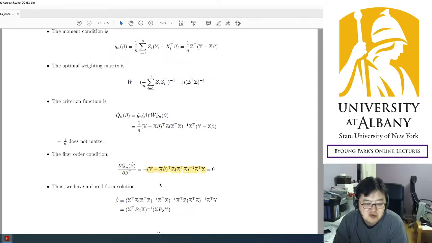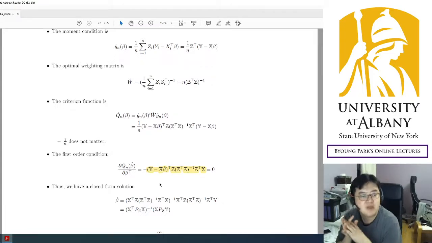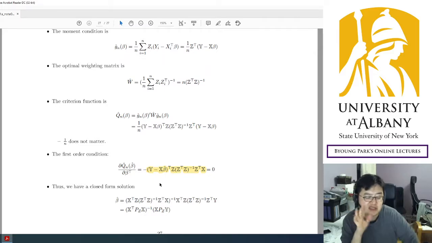We learned two different methods to estimate the regression model with an instrumental variable, but the two methods are the same. In general, I would recommend using the GMM method, because GMM is more general.